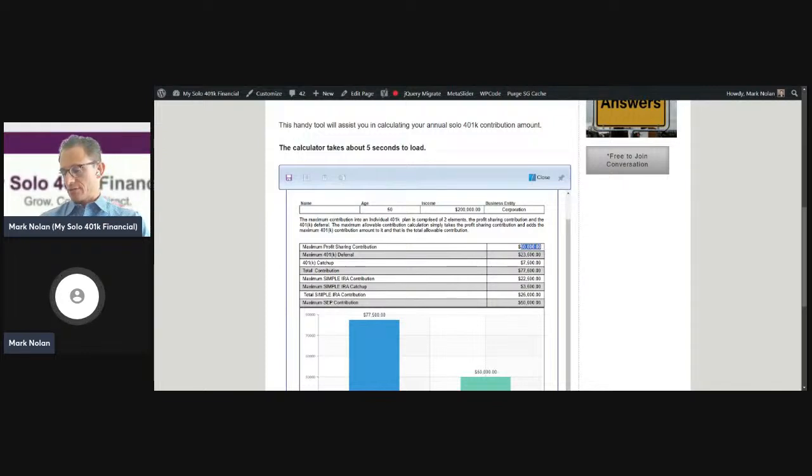So 50,000 plus 23,500 equals 73,500. We add another 4,000 of catch-up. That gives us 77,500, because you cannot contribute more than the overall limit. So total contribution, 77,500. And again, you can chop up these figures how you want. You just can't go over that total amount of 77,500.